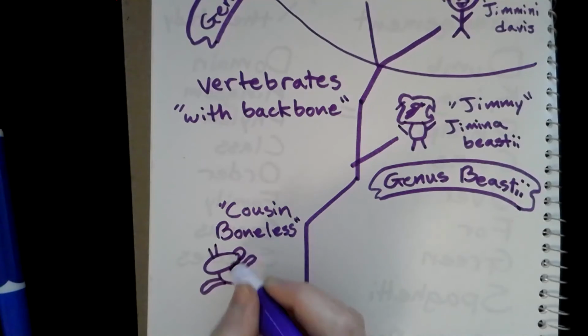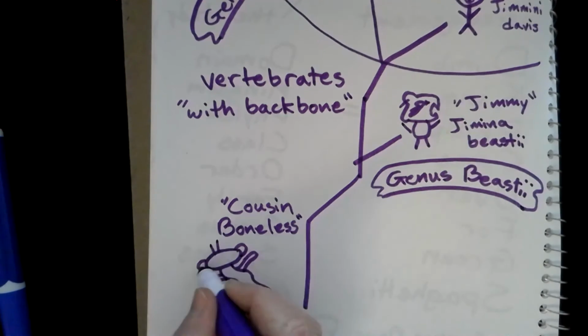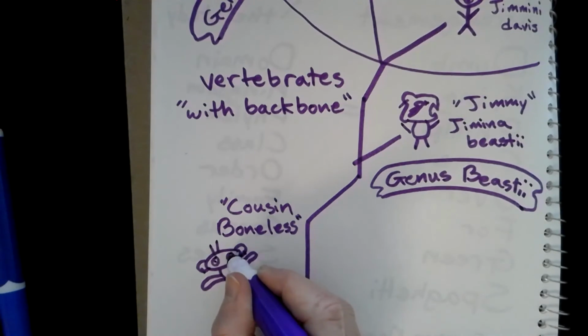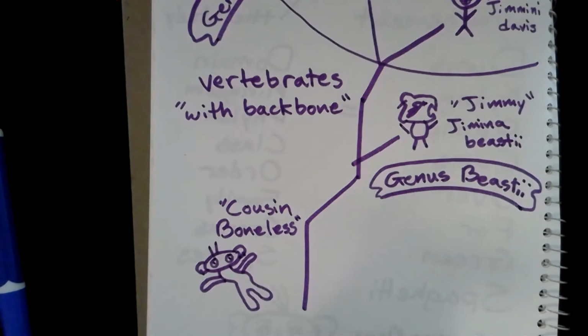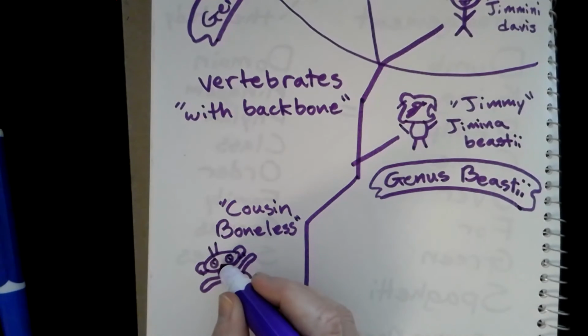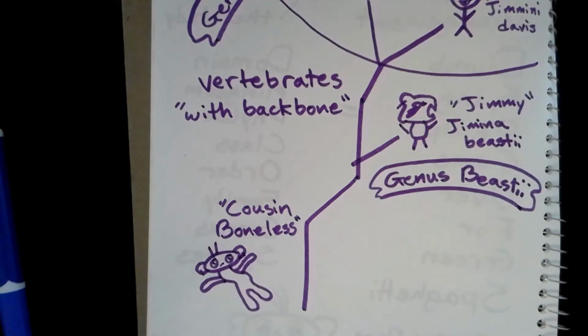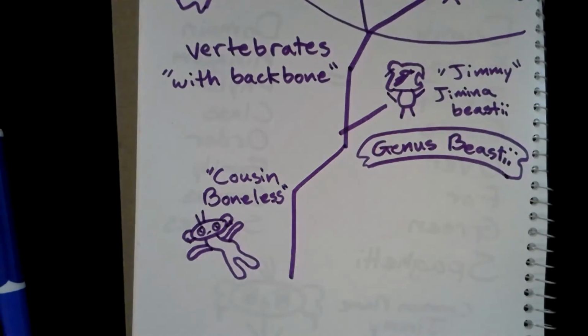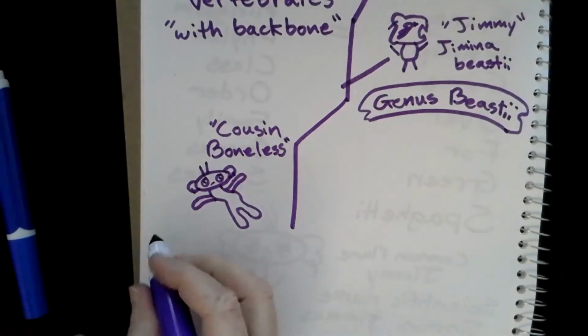He's got round ears, just two hairs, still pierced ears. And he screams at people to get him off the roof because someone threw him up there and he can't get down. He has no bones except for some teeth and some cartilage. That's it. He's kind of like a shark, a really floppy shark. Cousin Boneless is an example of an invertebrate.